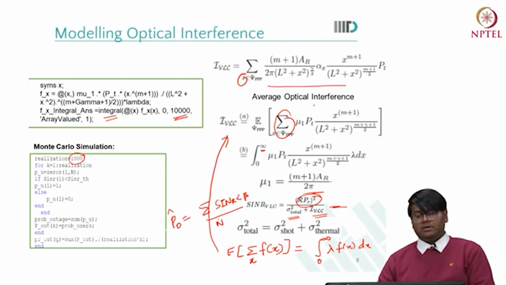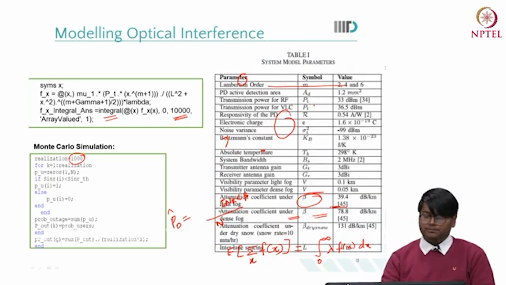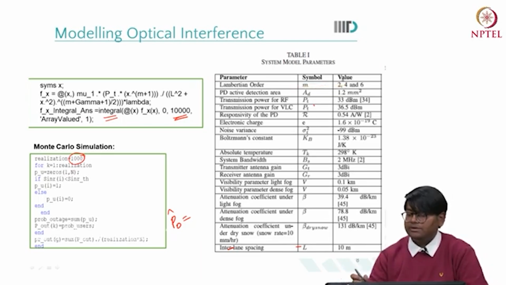Now, I will quickly discuss the simulation parameters. These are the simulation parameters being used for simulating our vehicular environment. We have considered the Lambertian order to vary from 2, 4 and 6.